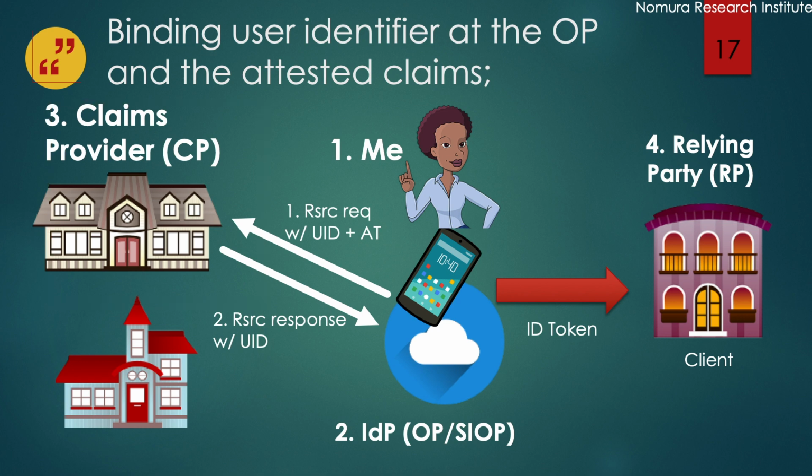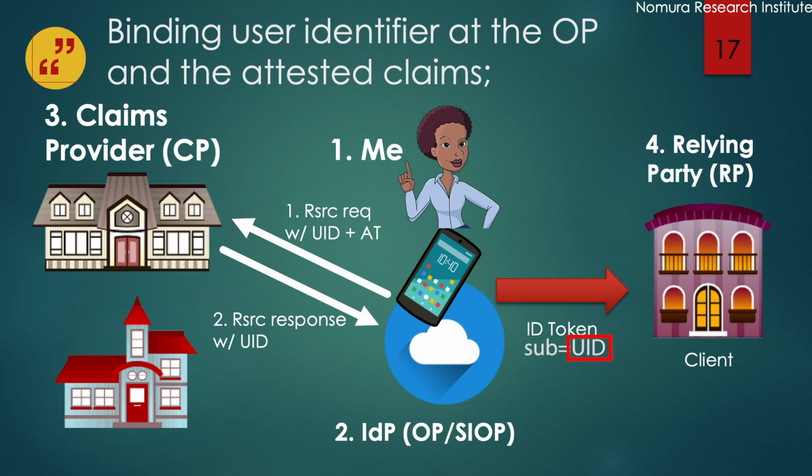And when the claims provider is providing the claims, since this one is providing that to the relying party with the user identifier which is registered here, the self-issued identifier, I need to be able to ask the claims provider to use that user ID combined with this access token, which was obtained from the previous relationship, and have the claims signed with this UID back to me, so that I can provide that signed token or signed claims to the relying party.